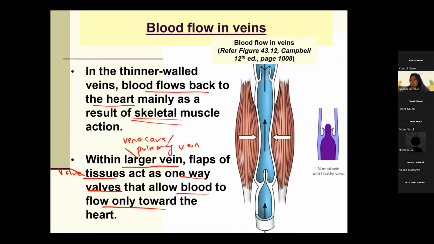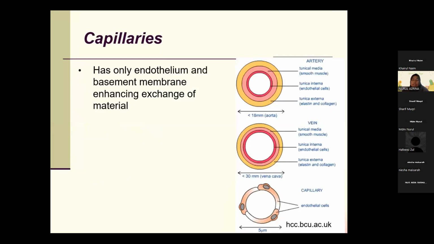Okay, next. What about capillary? Capillary is just composed of endothelium, flattened cells, and basement membrane that enhance exchange of material. So you can see from this cross section, it is obviously showing that the artery has thicker outer and middle layers compared to vein.